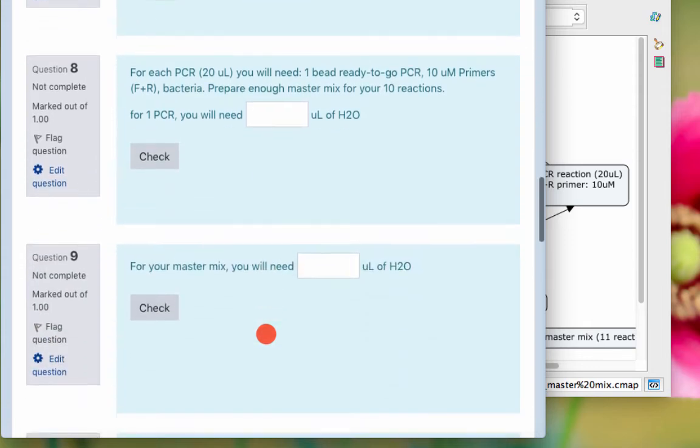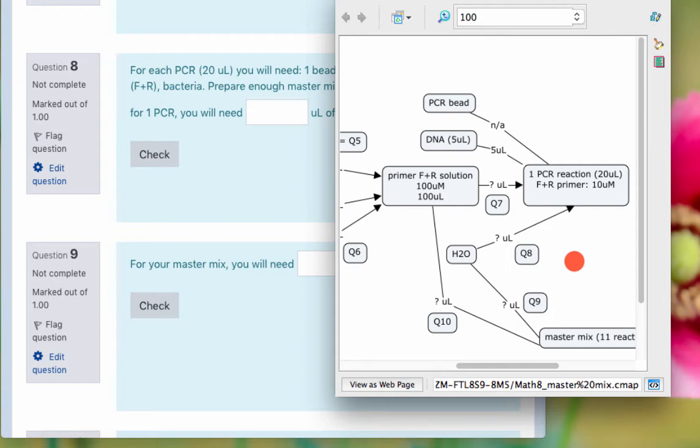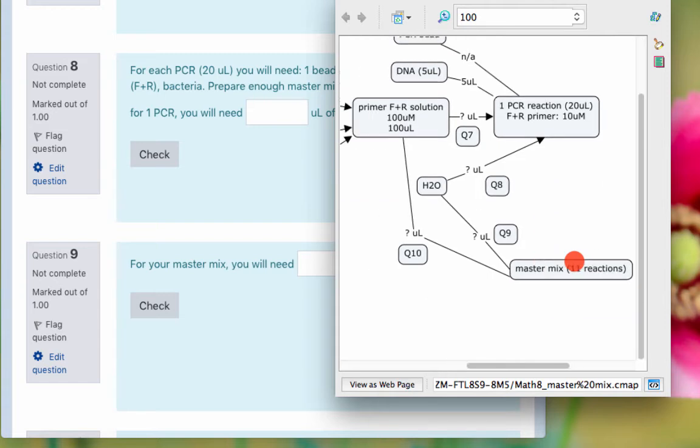Question number 9. What about for master mix? Here I have this part for master mix. Master mix contains common ingredients, those are the primer solution and the water. For a single reaction, you're going to use this many microliters. So what about for master mix? Basically it's going to be this number multiplied by 11.